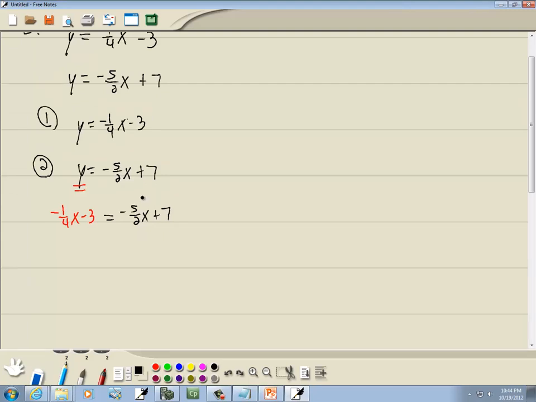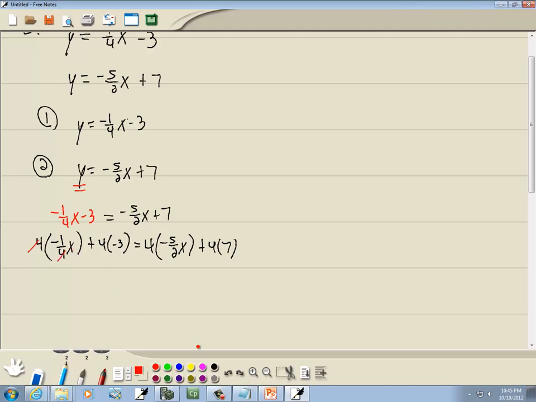Well, first step in solving is always get rid of your fraction. Have to get rid of parentheses. But we'll multiply everything by the LCM of all our denominators. We got 4 and 2, so our LCM would be 4. So multiply times the negative 1/4 x times the negative 3 times the negative 5/2 x and times 7.